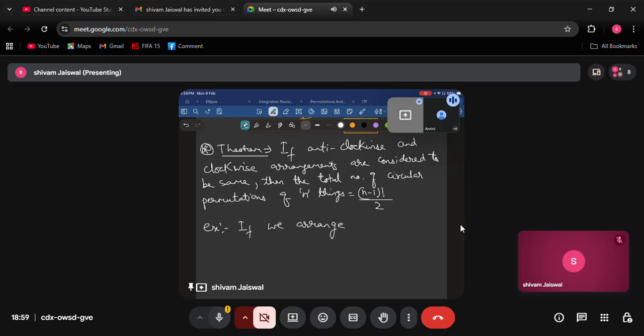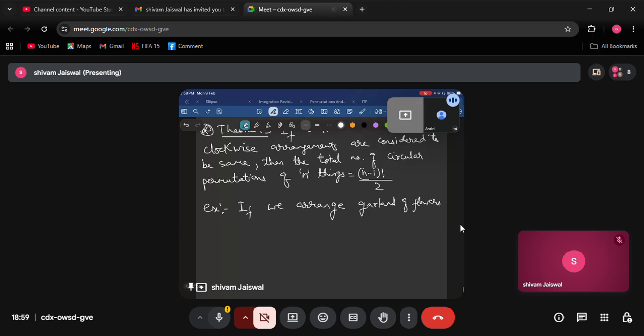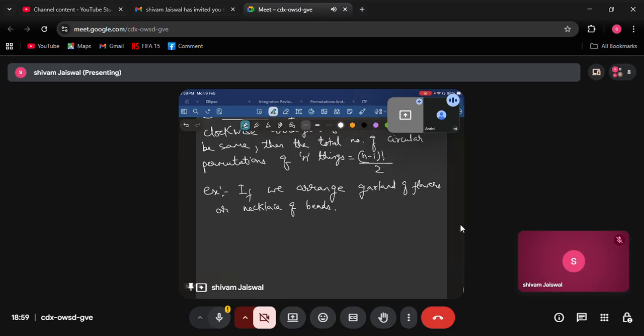If we arrange a garland of flowers or a necklace of beads, let us say that this is the arrangement: A, B, C, D, E. So try to understand, everyone.